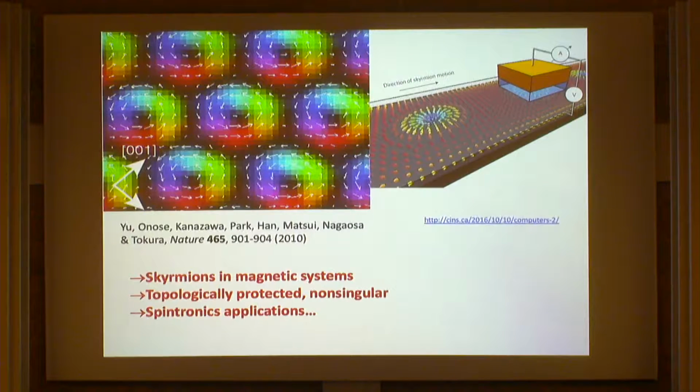And in particular, one type of data storage approach that's envisaged is to use them in so-called racetrack memory devices, where such topologically protected and energetically favorable field configurations that behave like particles can be created and then stored somewhere.